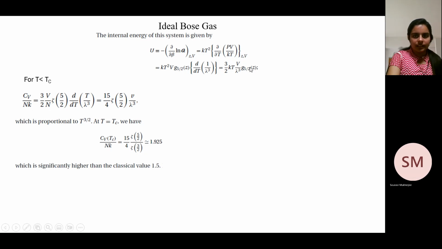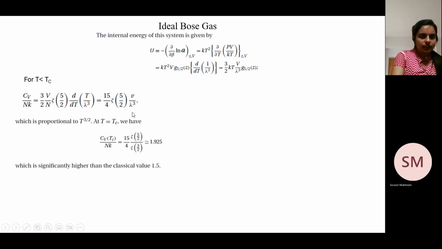Here, again for T less than Tc, you can replace G 5 by 2 Z as zeta of 5 by 2, right? Because for values of temperature less than the critical temperature or the transition temperature, your Z is equal to 1, right? And then if you do that, you can again take a derivative of the internal energy to find the specific heat. And this is your expression that you get, right?